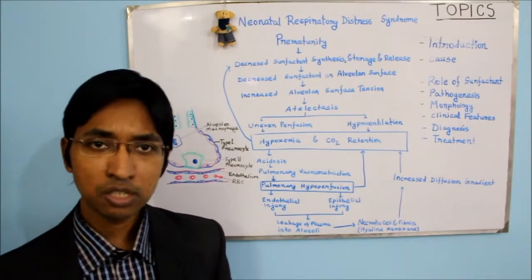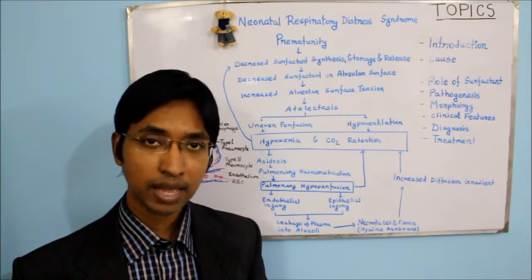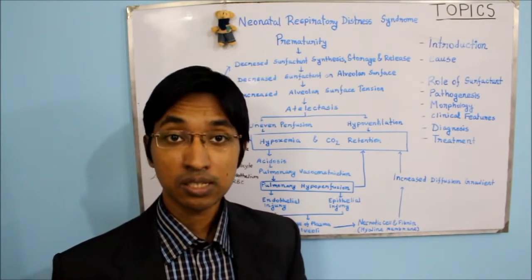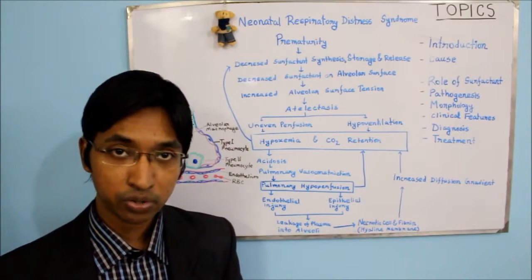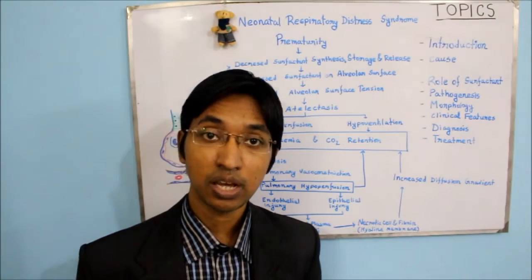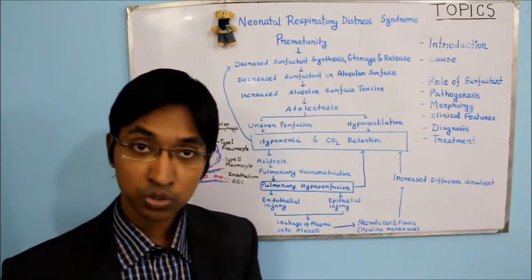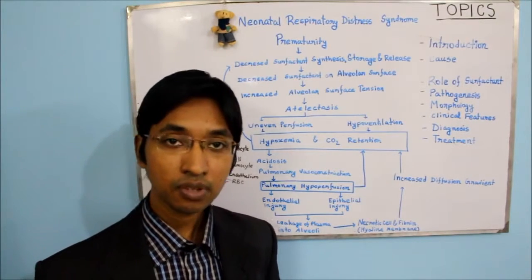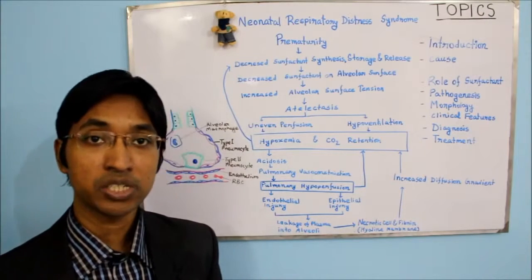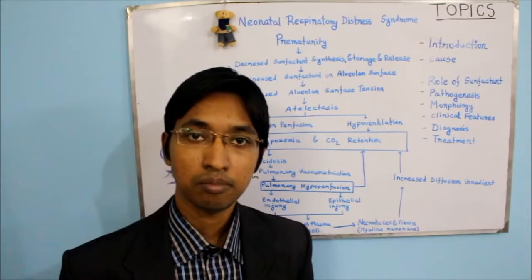So we will see poorly developed alveoli and they will be collapsed. And also we will see the characteristic eosinophilic hyaline membrane under the microscope, and this eosinophilic hyaline membrane will be seen lining the respiratory bronchioles, alveolar duct and alveoli. And we will also see necrotic cell debris incorporated within this membrane.